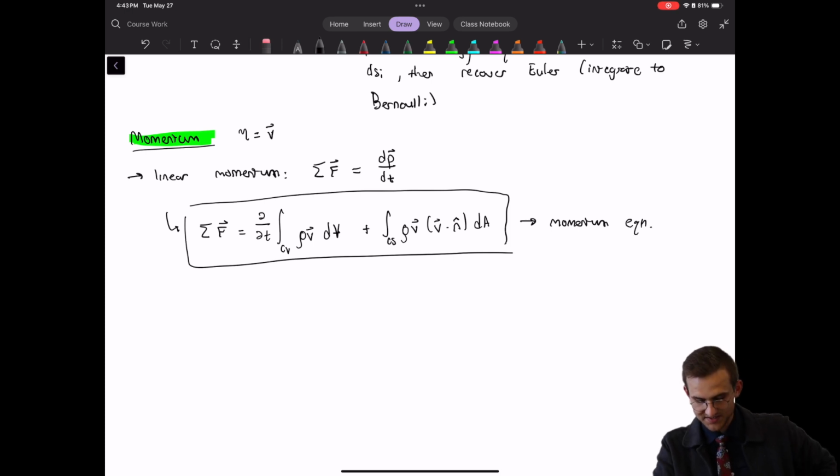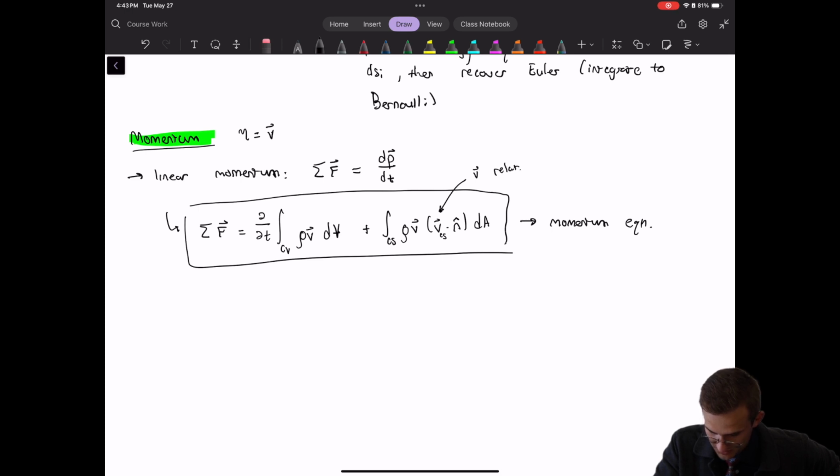This bit here, the two different v's here are not the same v. Okay, so this v, I'm going to put in a little subscript here, like v_CS. This is the velocity relative to the control volume boundary.